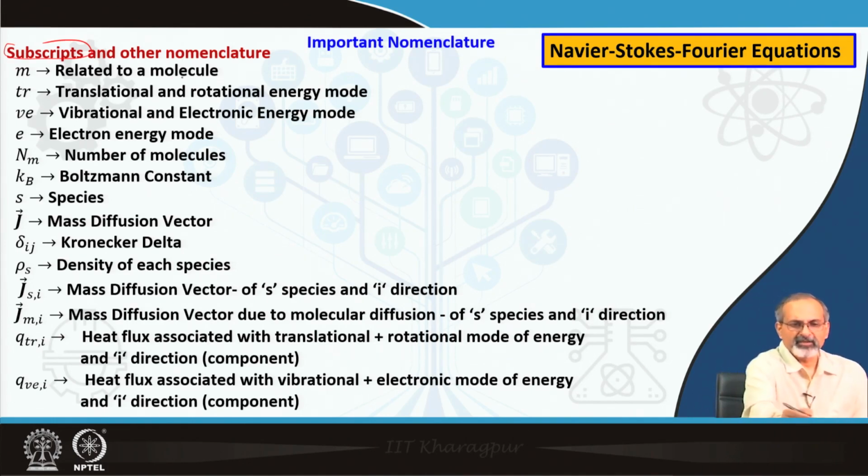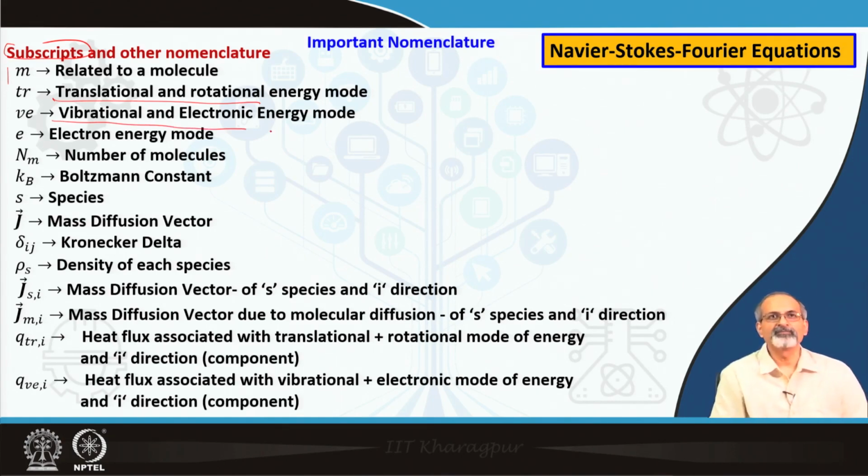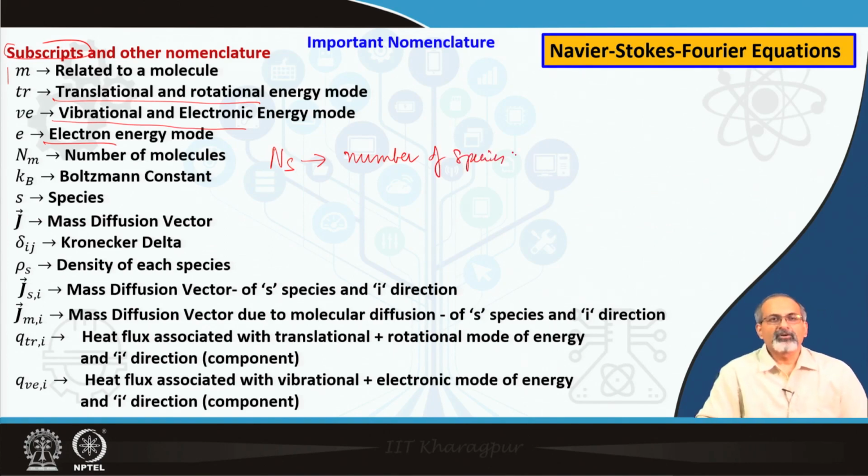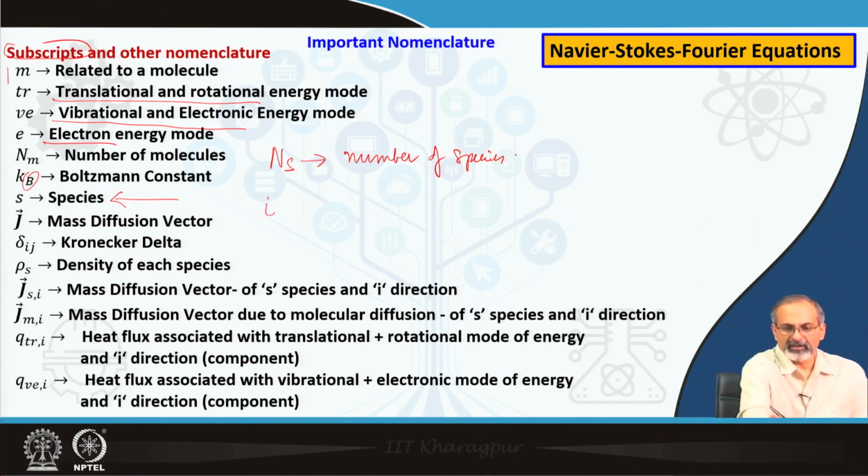So, when we say subscript m, it refers to a molecule, subscript Tr, then it is translational and rotational energy mode, Ve is for vibrational and electronic energy mode, e alone is electron energy mode, number of molecules Nm, similarly number of species is Ns, Boltzmann constant is k with a subscript B, species as such is indicated with subscript s. The different coordinate directions are indicated with the subscript i.